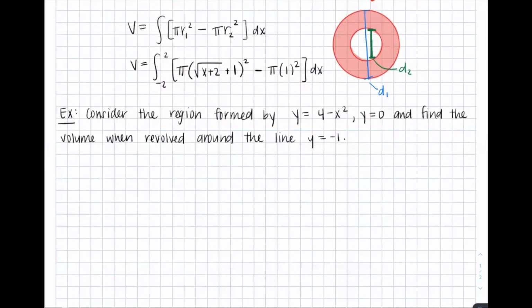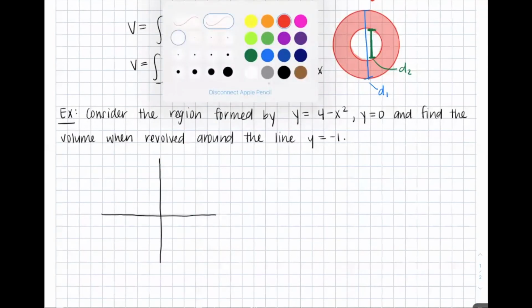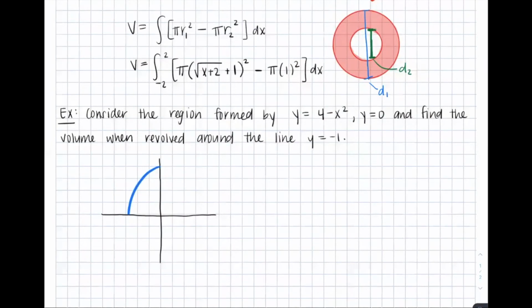Here, I'm going to draw it out real quick. 4 minus x squared, you can just graph that using parabola transformations. It's just going to be a parabola reflected across the x-axis, shifted up 4 units. It's going to look something like this. It's probably not accurate, but that's okay. And then the line y equals 0, which is the x-axis. So this is the region that we're considering.